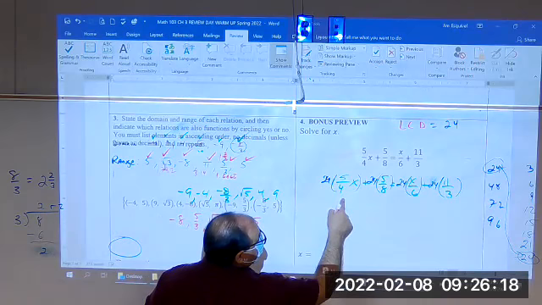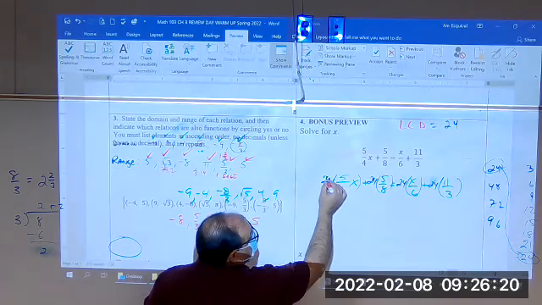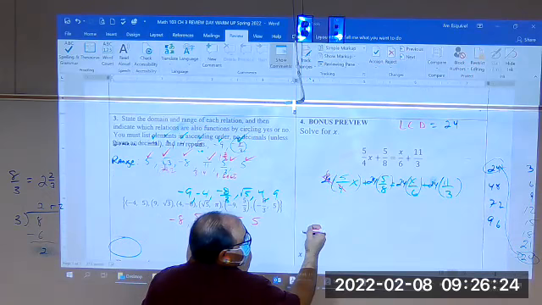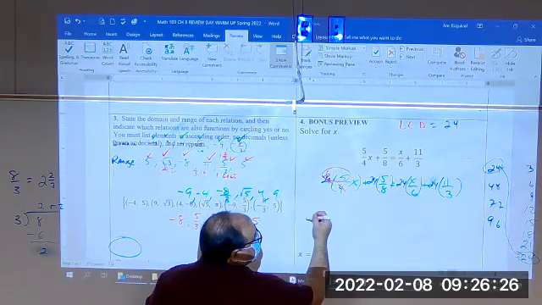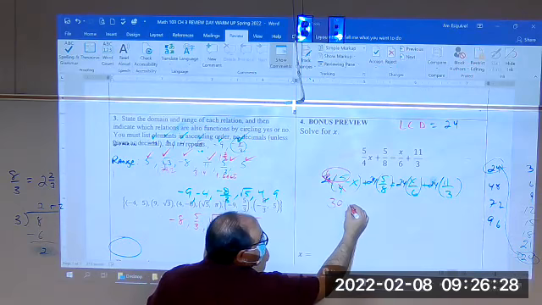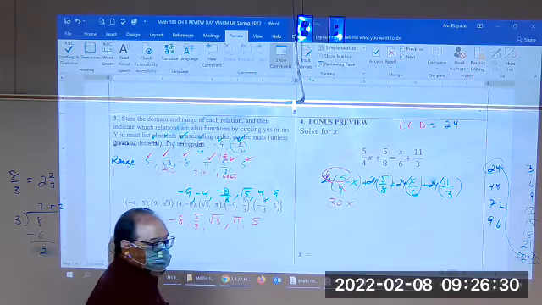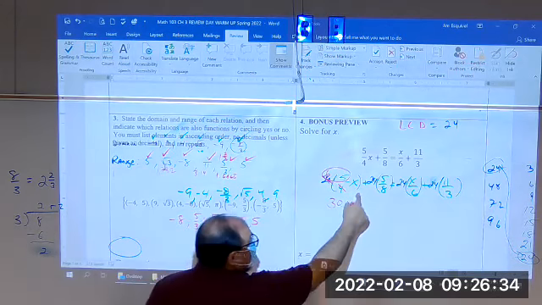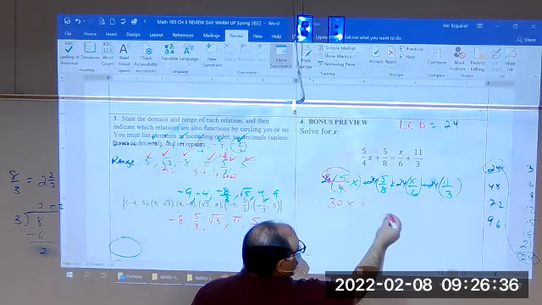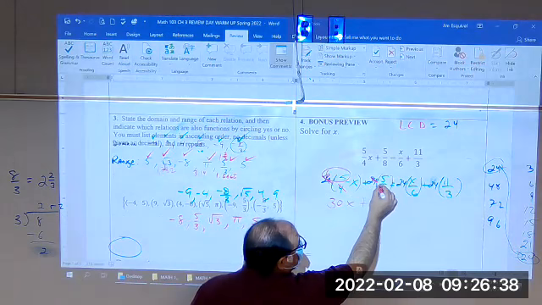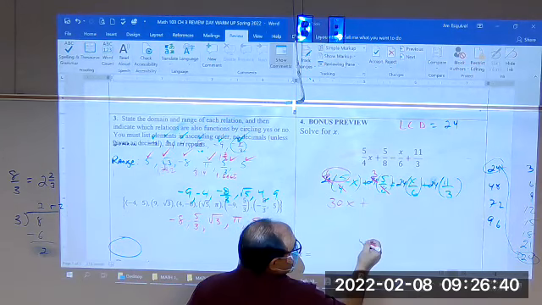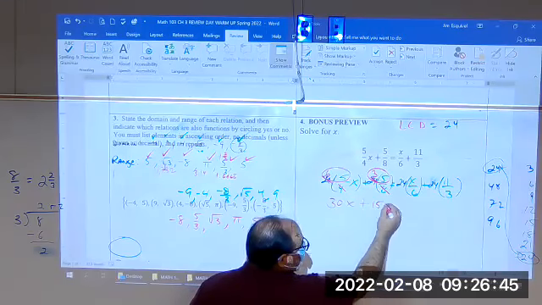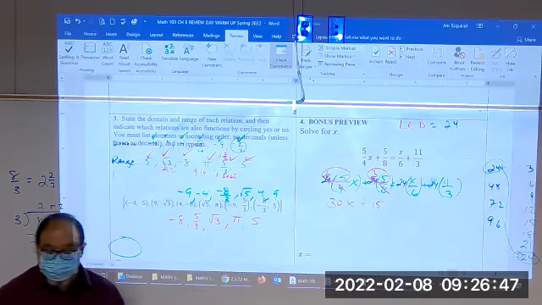24 times 5 over 4. 4 goes into 24 6 times. You're left with 6 times 5. That's 30 times x, 30x. No more fraction then. Then plus, 8 goes into 24 3 times. You're left with 3 times 5. That's a 15. No more fraction there.